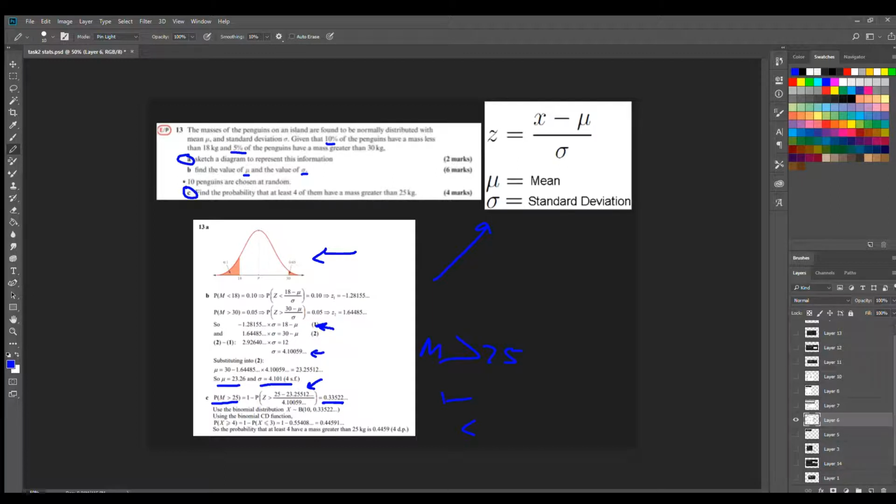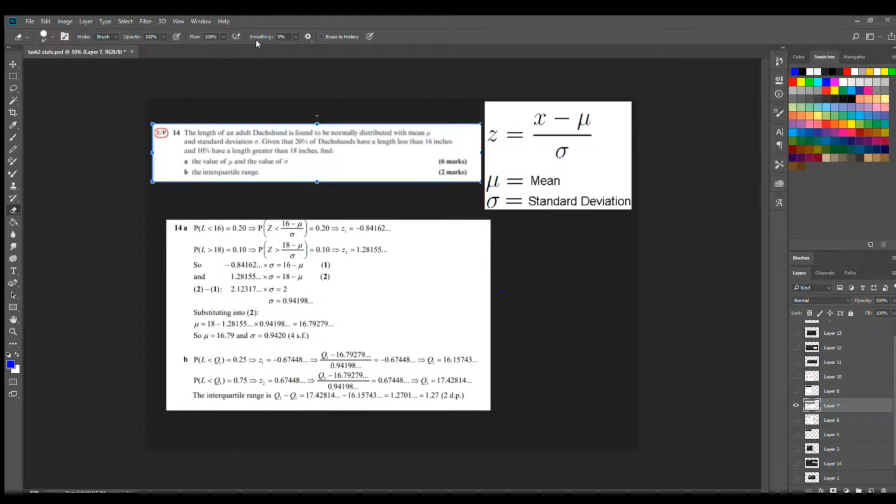Since there are 10 penguins, you would use 10 and the probability you got, 0.33. Then you use the binomial CD function in your calculator, which is mode 7. You have to change that into 1 minus P of x is less than or equal to 3, because it can't be greater than or equal to. Putting this in the calculator, you get 0.55, and then you do 1 minus that for the greater than 4.